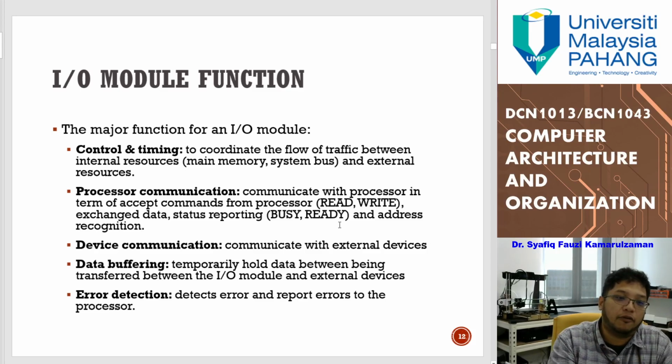Then there is processor communication, meaning everything that wants to communicate with the processor, whether for reading, writing, exchanging data, status reporting, or address recognition, needs to go through the I/O module first. It is like a guard before the boss. And then we have device communication, which is for the PC to communicate with the external device.